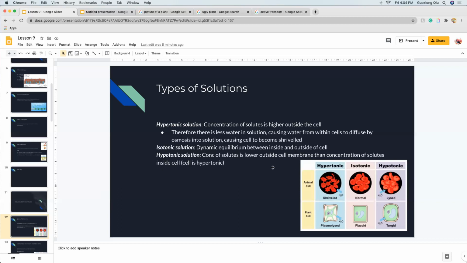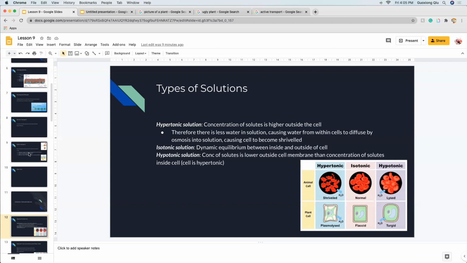So because there's more solutes inside the cell, water goes into the cell. So if we come back to the bottom right image, we can see images of a cell in a hypotonic solution, and the cells are swollen. They're kind of fat.